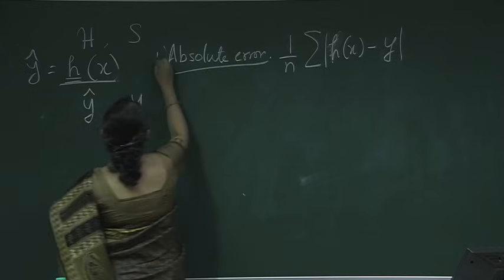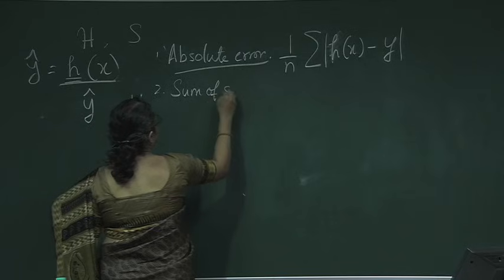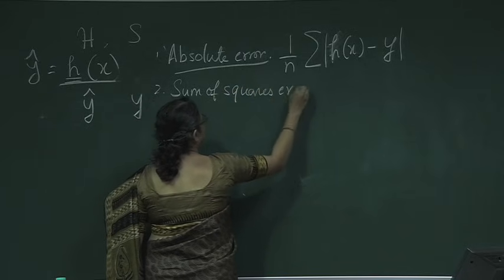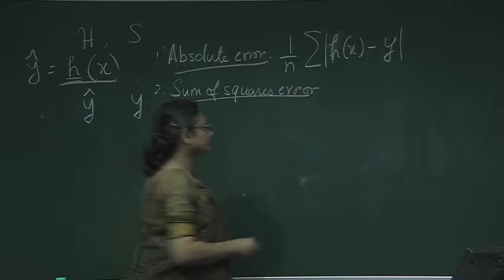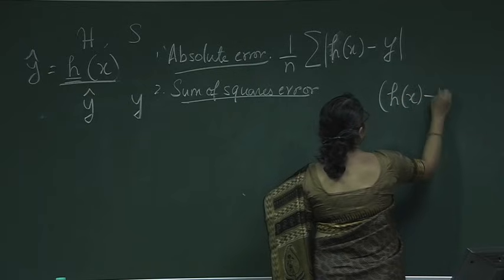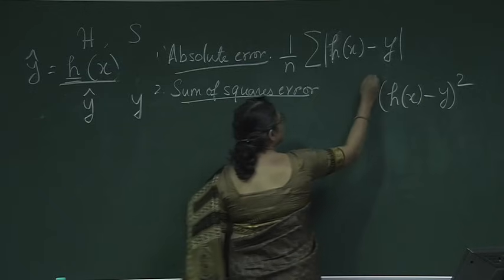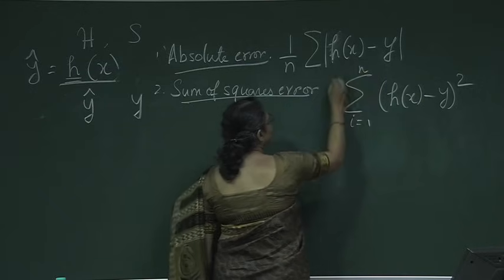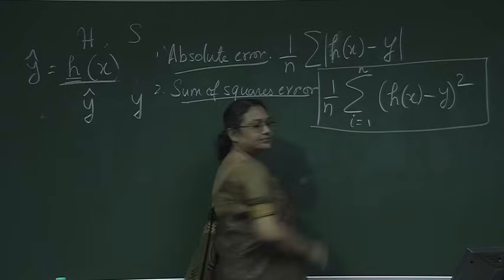Then you can have sum of squares error. In sum of squares error, you look at (h(x) minus y) whole square, and then you take summation and average of it. So, this is sum of squares error.